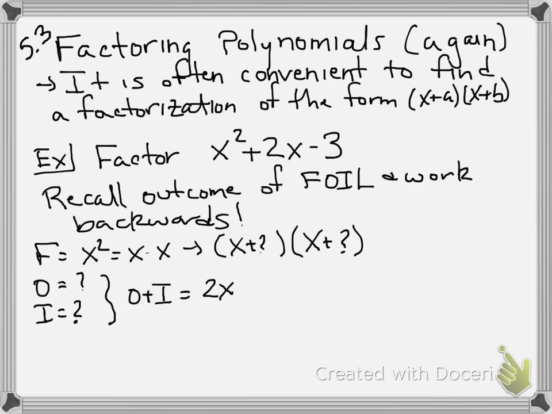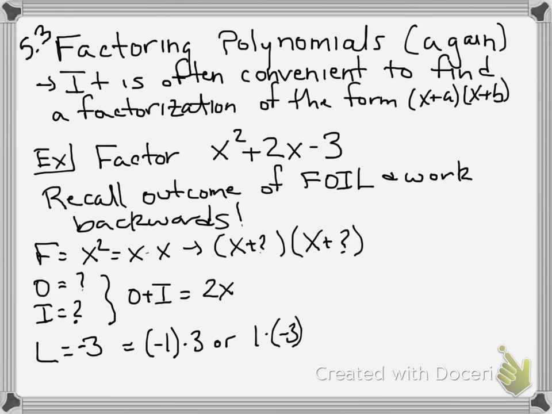But what we do know is that O plus I must equal 2x. Look back at some of the previous stuff, and you'll recall that both the O and the I term had a single x value in them. So that's what we know at this point. Lastly, we know that L equals minus 3. The negative sign is important here.